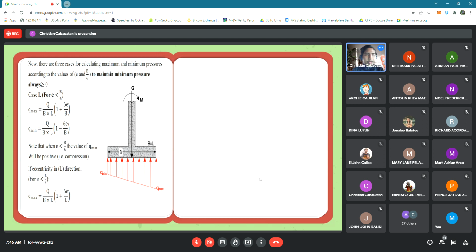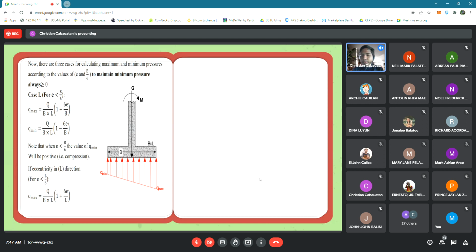Okay? Now, there are three cases for calculating maximum and minimum pressures. Okay? According to the values of its eccentricity and the width of the footing divided by 6. Okay? This would be to maintain that the minimum pressure is always greater than or equal to 0.